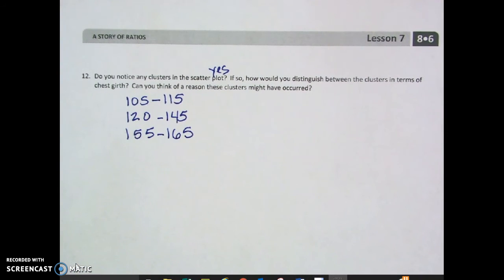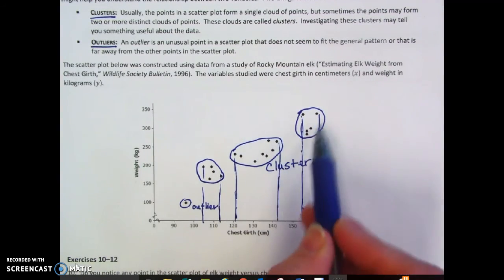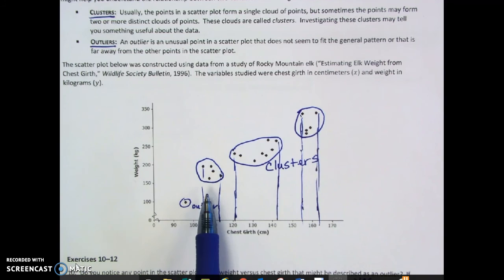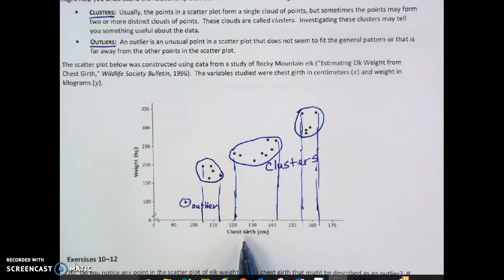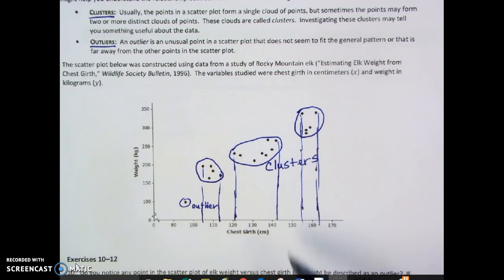So why might these clusters have been occurring in these Rocky Mountain elk that they recorded this data from? Why might we have 3 chunks of data like that? Why might we have a smaller group with a smaller chest girth and a lighter weight, a middle group with a medium-sized chest girth and a medium weight, and then a larger group with a larger chest girth and a higher weight?